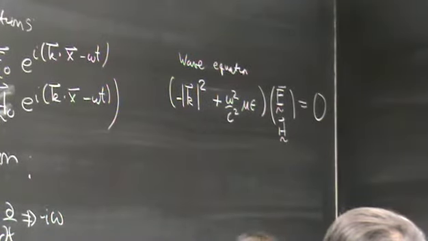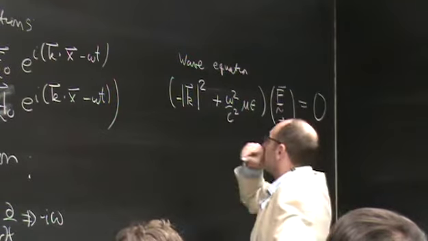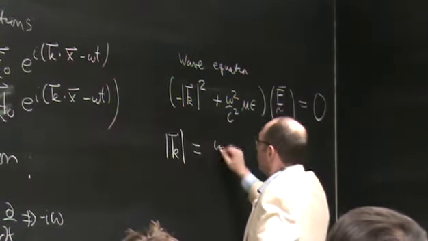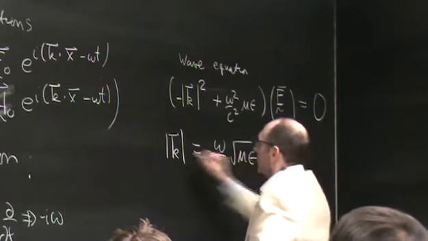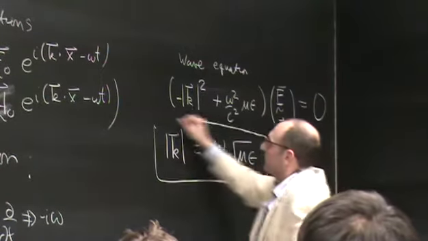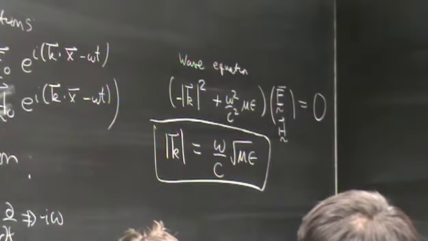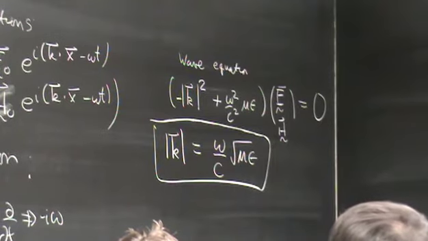And so, in order for this to be true, no matter what the amplitudes are, we have the relationship that the magnitude of k is omega over c times the square root of mu times epsilon. That's the dispersion relation.